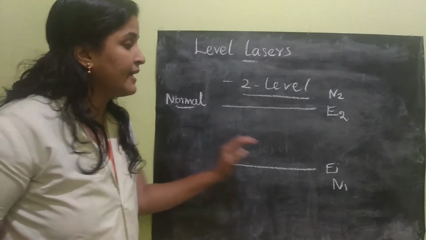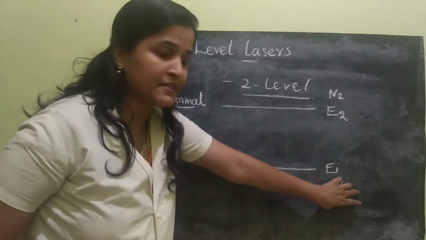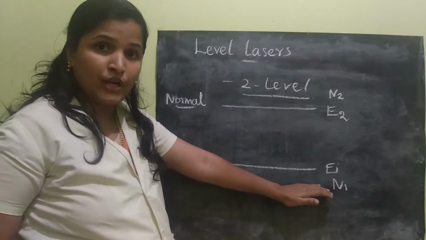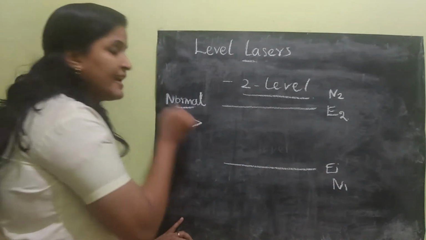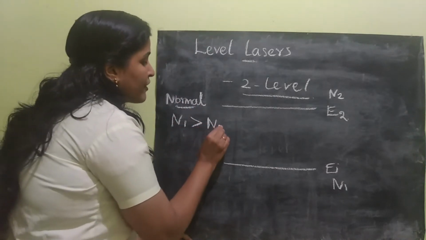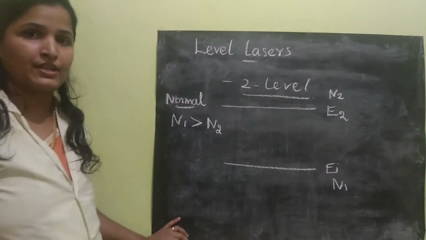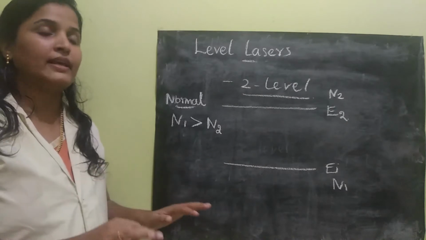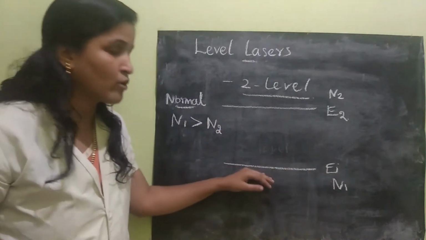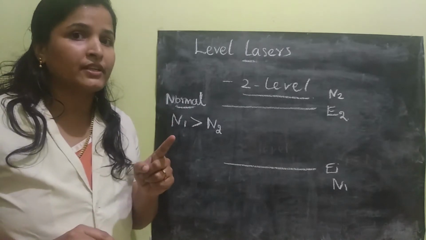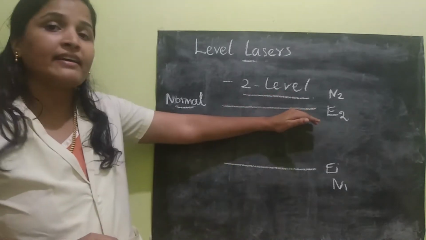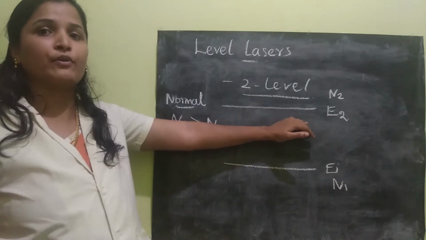usually the number of atoms in the ground state will be greater than the number of atoms in the excited state. Basically, normally the number of electrons in the ground state will be very high. But you know what population inversion is? The higher energy level should have a greater number of electrons.